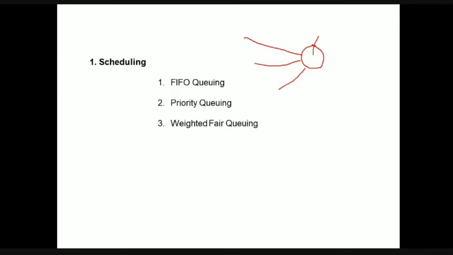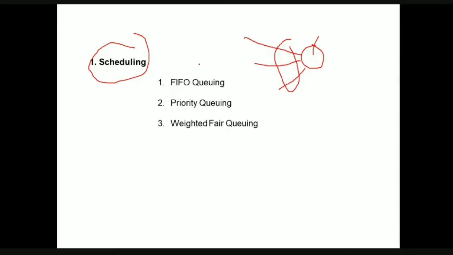So what would be a good scheduling technique here? A good scheduling technique is one where the router treats all these different flows of packets in an appropriate, fair manner. That could be a good scheduling technique, right?